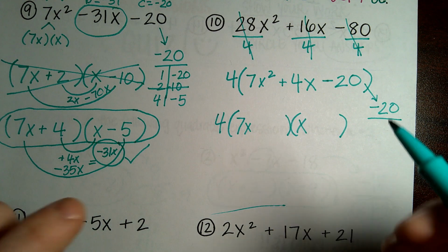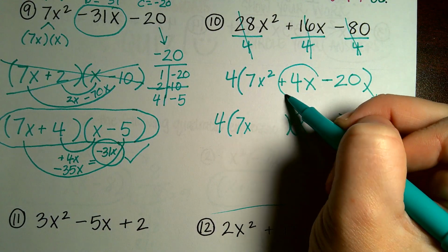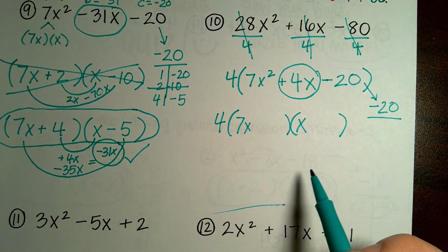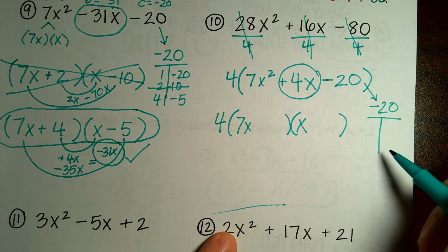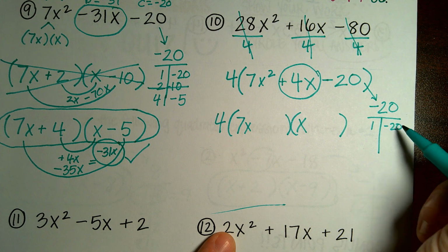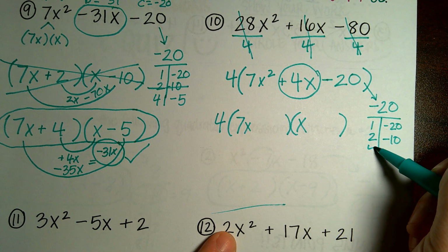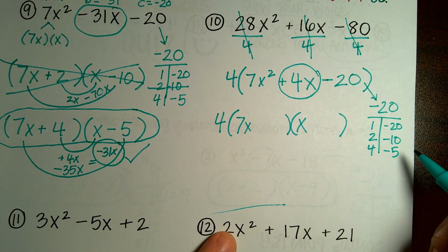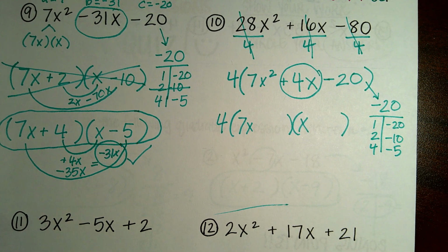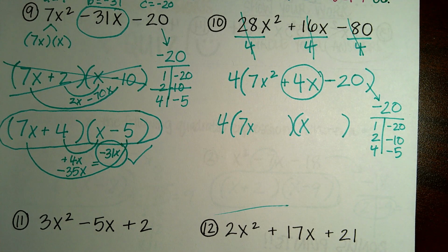B, my middle term. I need to make sure that I add up to 4x. So let's see, we've got 1 and negative 20, 2 and negative 10, 4 and negative 5, and then we could always flip-flop those. Is there any of these that are jumping out at you that you want to try first?